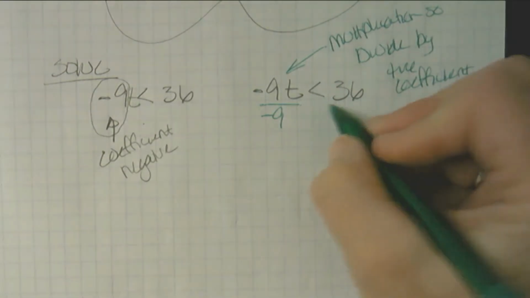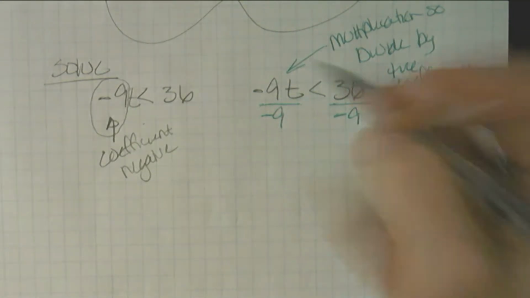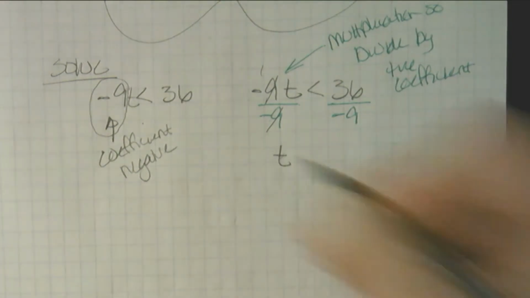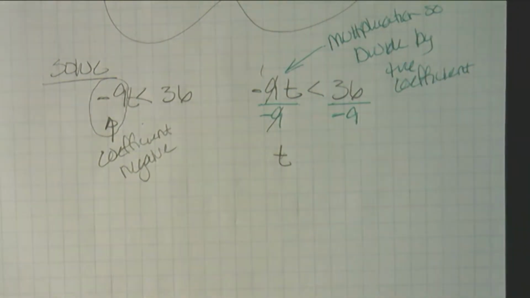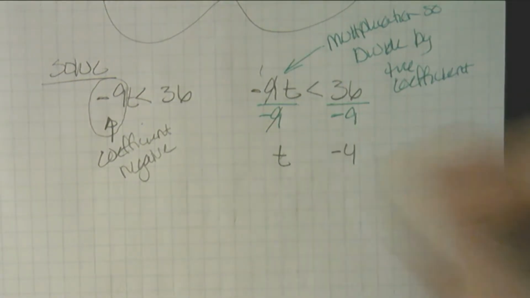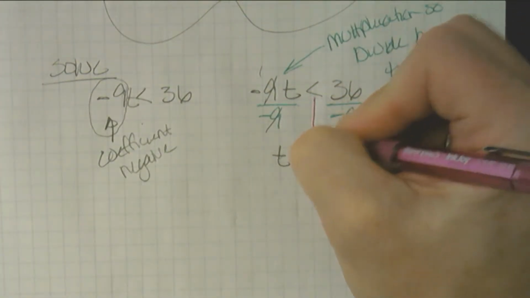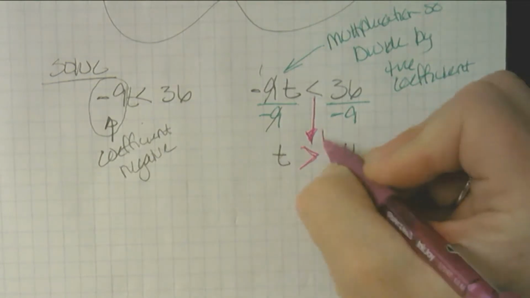So I'm going to divide both sides by that negative 9, because this is multiplication, so divide by the coefficient. My negative 9's cancel out. I'm left with t. What's 36 divided by a negative 9? Christiana? Negative 4. All right, since our coefficient was negative, this less than symbol flips to a greater than.